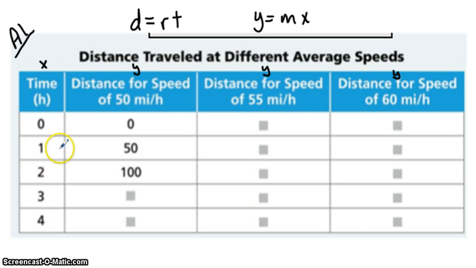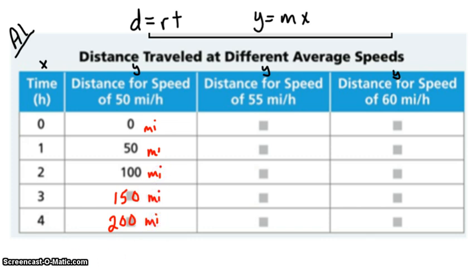Okay? If I travel at 50 miles per hour for 2 hours, 2 times 50 is 100. If I travel for 3 hours, 3 times 50 is 150. If I travel for 4 hours, then I would travel 200 miles. Okay, and we're going to go ahead and label these with our units.